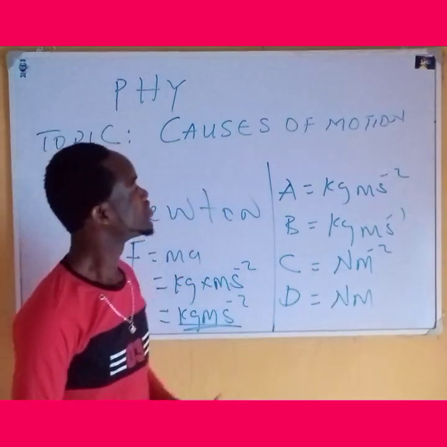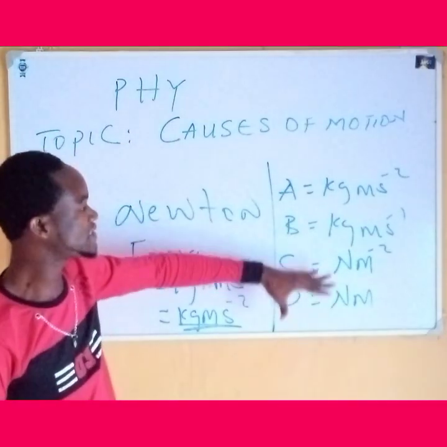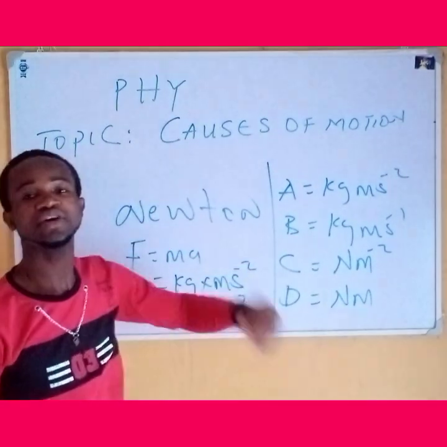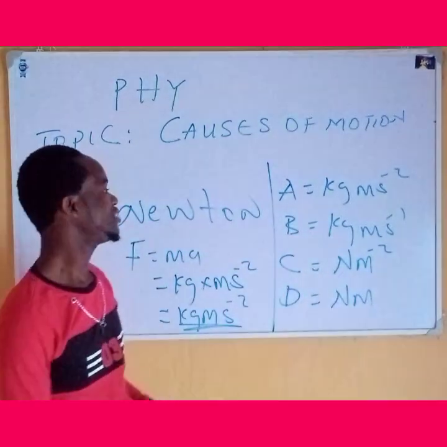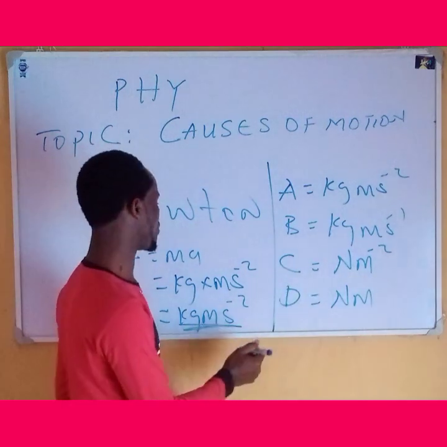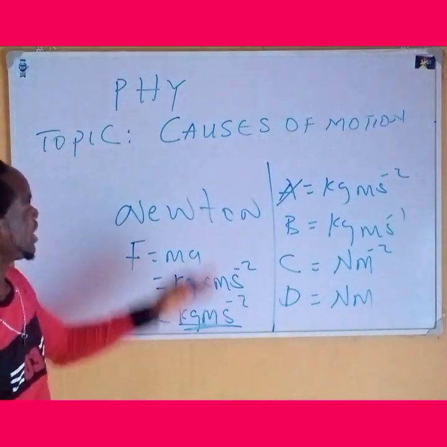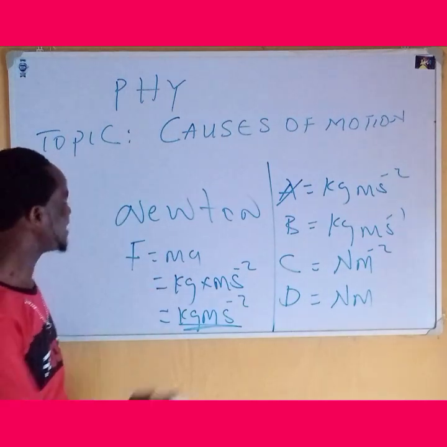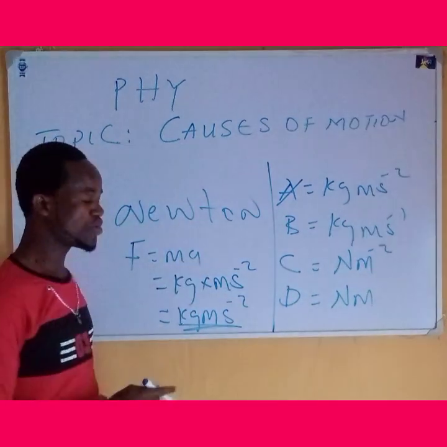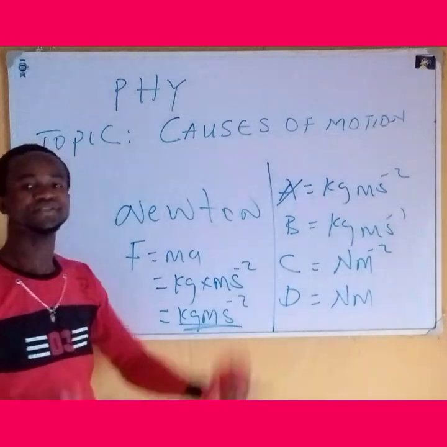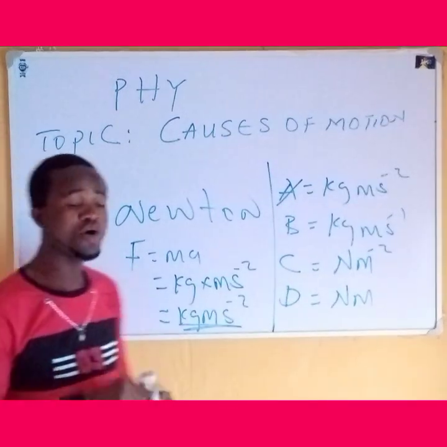Are you with me? Please, just kindly go straight to kilogram meter per second square, because from what we have proved here, 1 Newton is equivalent to 1 kilogram meter per second square. So this is what is equivalent to Newton. So I hope all is well.